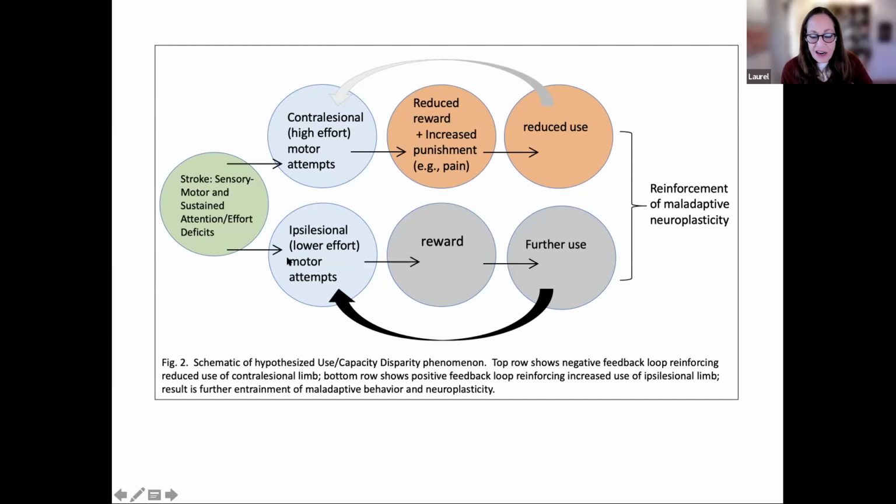At the same time, you get a lower effort to use the ipsilesional limb and you're rewarded more for using that limb, leading to further use of that limb, and you get this positive feedback loop, and this reinforces the maladaptive pattern and maladaptive neuroplasticity. Okay, so the model is quite similar, I admit, but it does really highlight this role of sustained attention and effort.